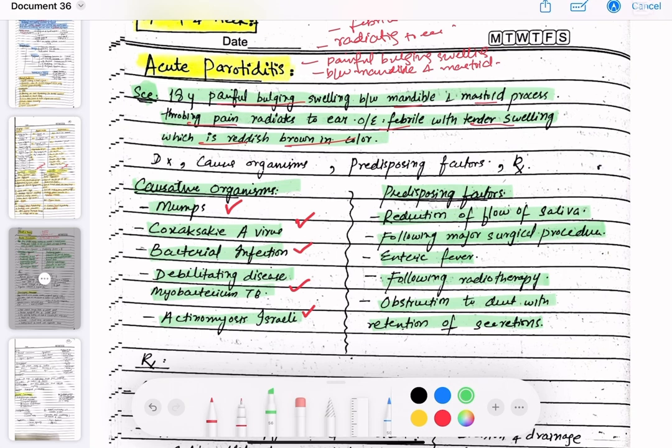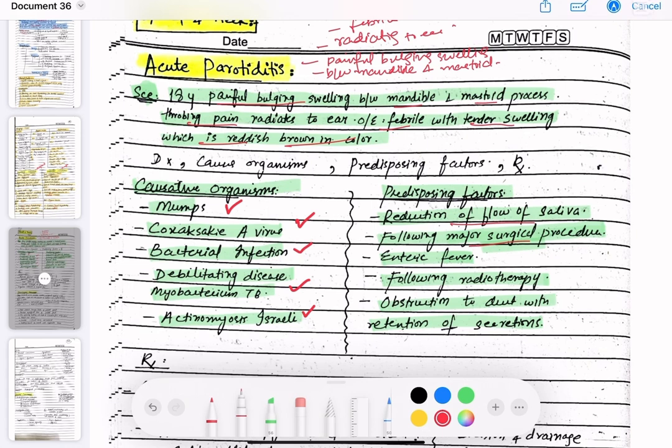But the specific causes in this area are Coxsackie A virus, bacterial infections, Mycobacterium tuberculosis, Actinomyces, debilitating diseases and mumps. The predisposing factors are enteric fever, surgery, decreased saliva, ductal obstruction with retention of secretions, radiotherapy, and major surgical procedures. These are the predisposing factors of parotid gland inflammation.